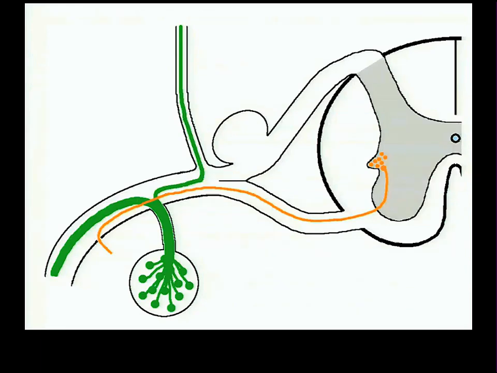This is pretty standard that they do this. And then they go to the ganglion and synapse on a ganglion cell to gain control over it. In reality, it probably will branch 10 or 12 times to gain control over 10 or 12 of these cells. So I'm just going to show it gaining control over one, but you must realize that a single preganglionic axon controls a multitude of postganglionic cell bodies.